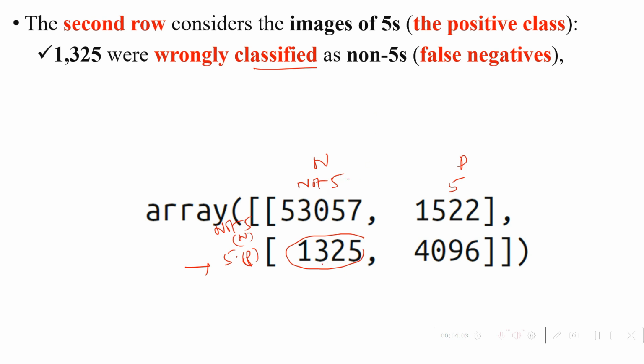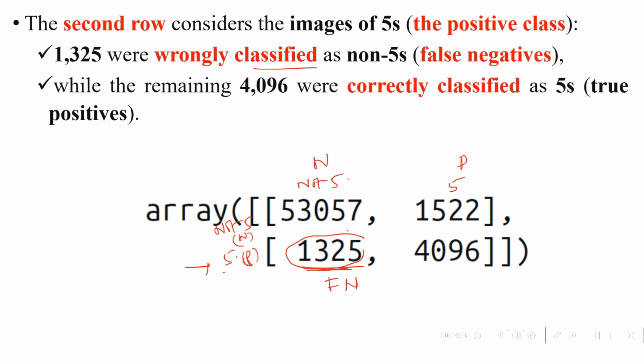These belong to the 5 class, but our model predicted not 5, so these are called false negatives. The remaining 4,096 elements are correctly classified as 5, and these are called true positives.